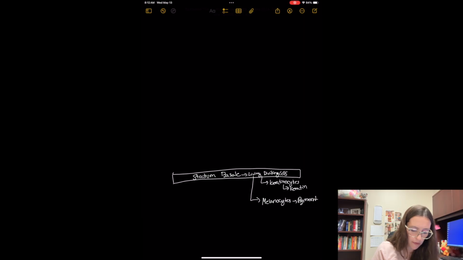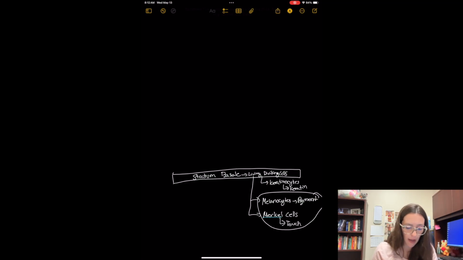And we're also going to see Merkel cells, which play a large role in touch, so sensing what they've touched and felt. These two cells stay in the stratum basale, whereas keratinocytes we're going to see all the way through the rest of the tissue. Right above it, we have the stratum spinosum.